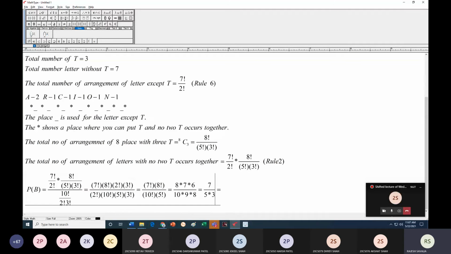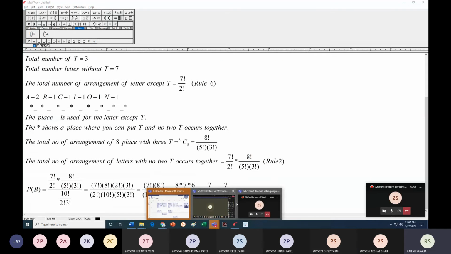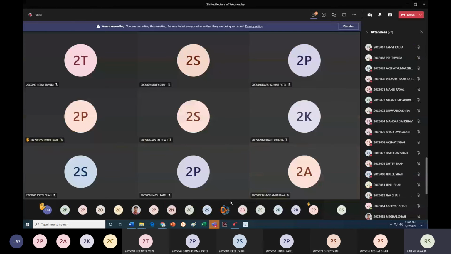So the final outcome is 7 by 50. Is that okay? Any doubt up to this line? Okay, how many children understood? Please raise your hand.